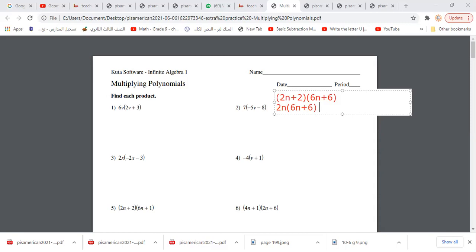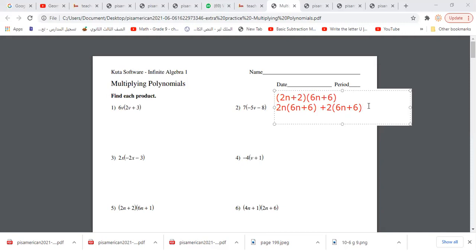After that, plus 2, and then multiply 6n plus 6. Understood? I divided the first parentheses into two parts. Then I took the first one, 2n, and multiplied all the second parentheses. And then the second part, 2, multiplied all the second parentheses.